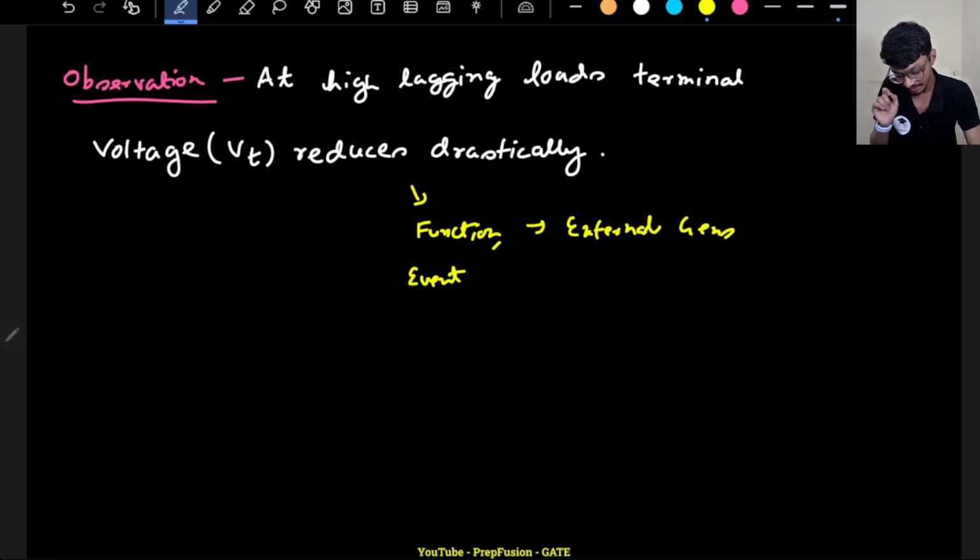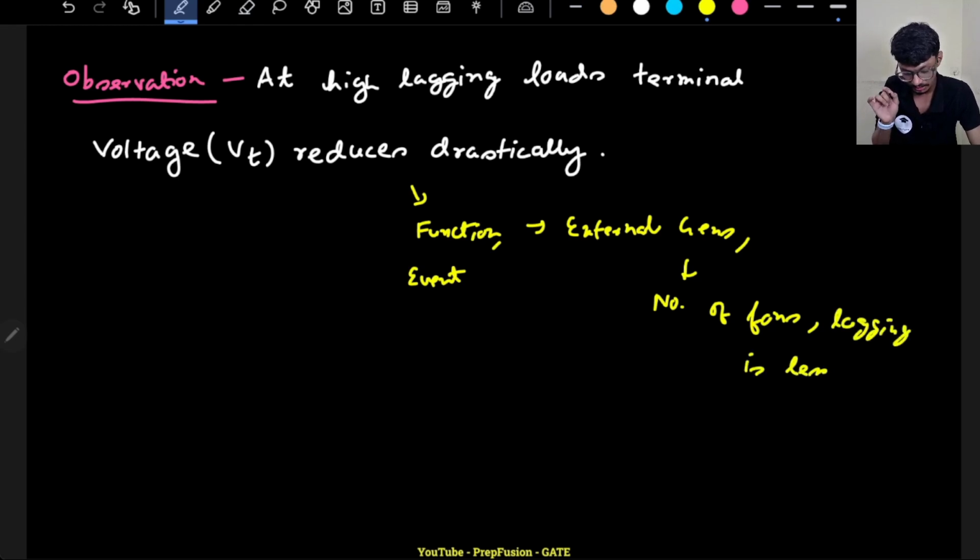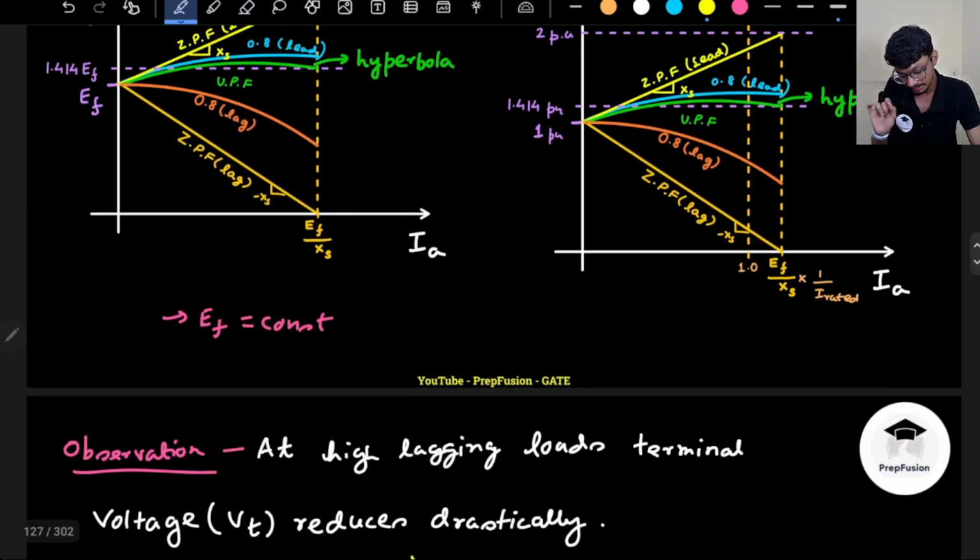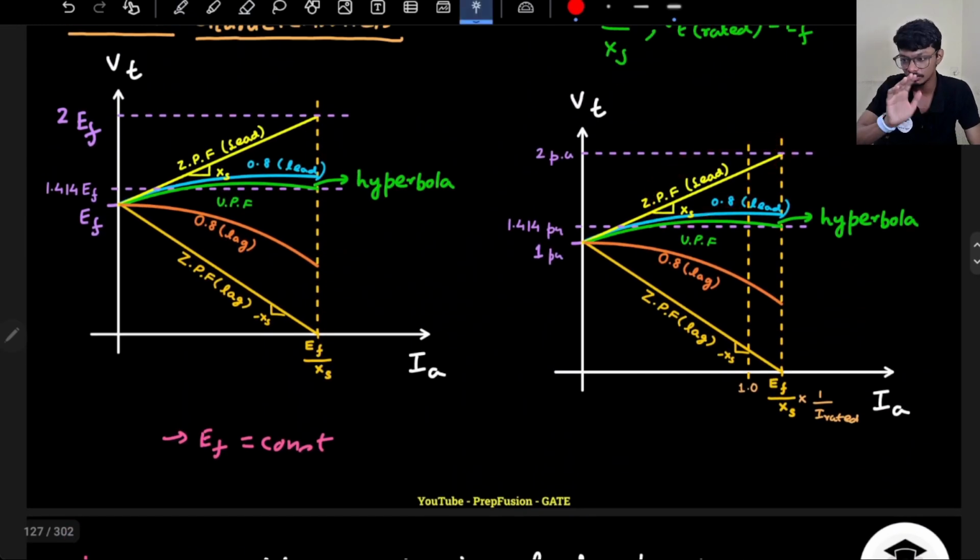The organizers will make sure that the number of fans, or any kind of lagging load, is small. They don't have a problem with leading load.